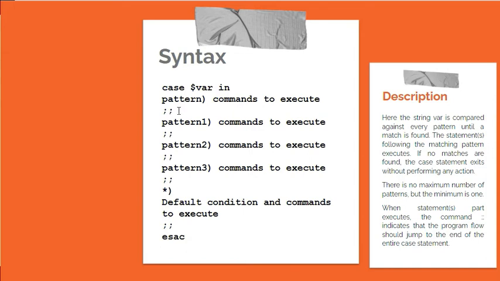If it evaluates to true, commands corresponding to it will get executed, else it is compared with every pattern until a match is found. If no matches are found, then the default condition will get executed. The default condition is optional, but it is better to have it. When one condition matches, then the double semicolon indicates control needs to go to the end of the switch case statement.